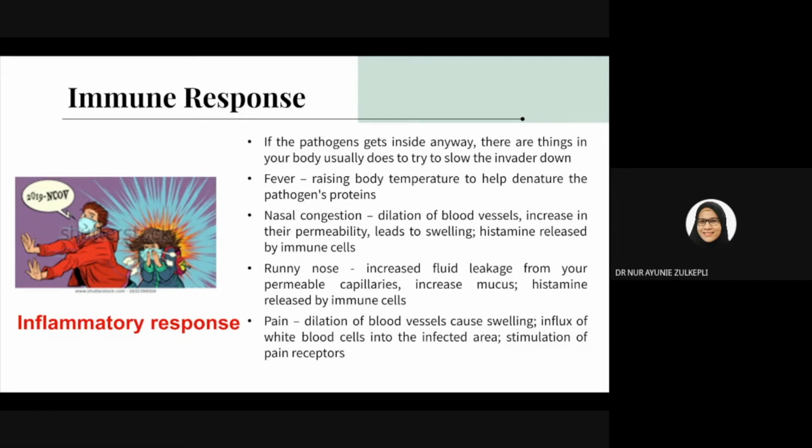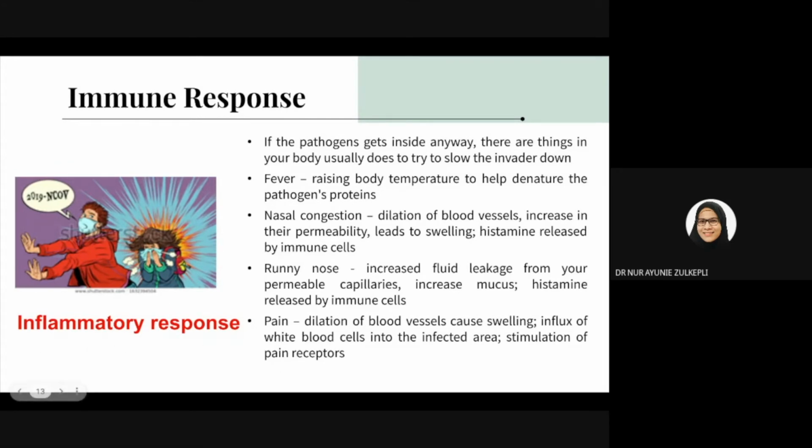And also sometimes you may feel pain, caused by dilation of blood vessels, which causes swelling, and an influx of white blood cells into the infected area. So white blood cells are recruited to the infected area and stimulate pain receptors. All these responses to the pathogen infection, we call an inflammatory response.